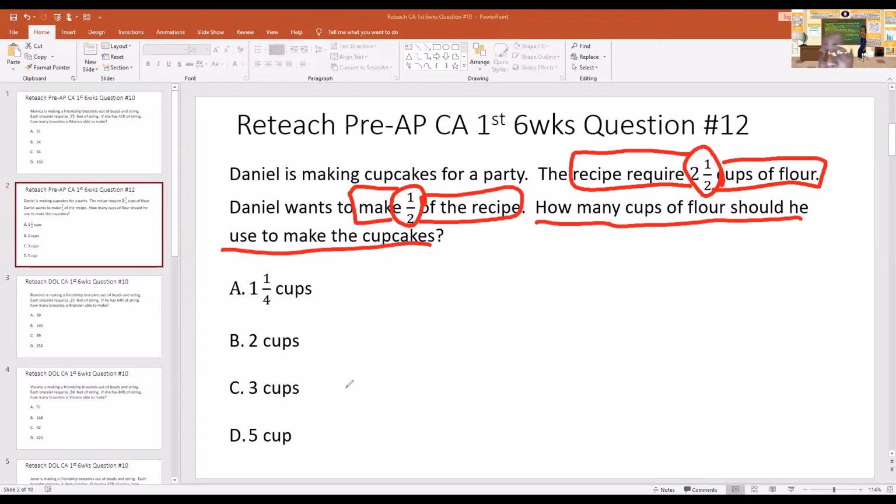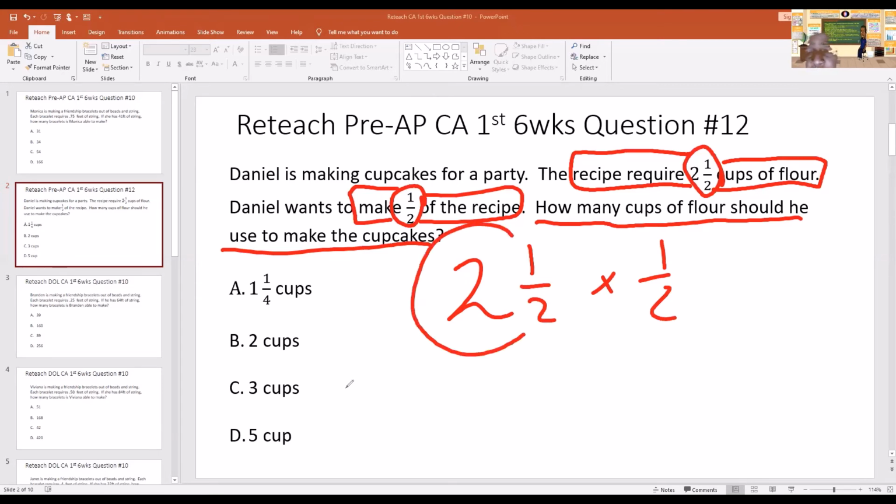Now, let's set this up as a multiplication and see if we can find the answer. We have 2.5 times 1/2. We'll start off with the big C method to convert our mixed number to an improper fraction.